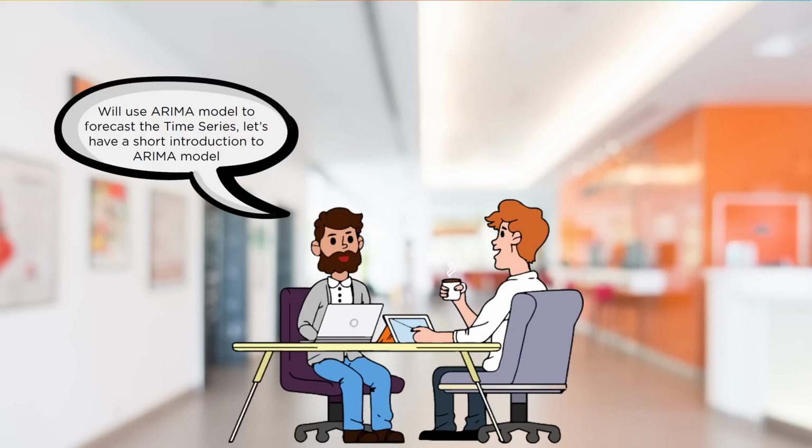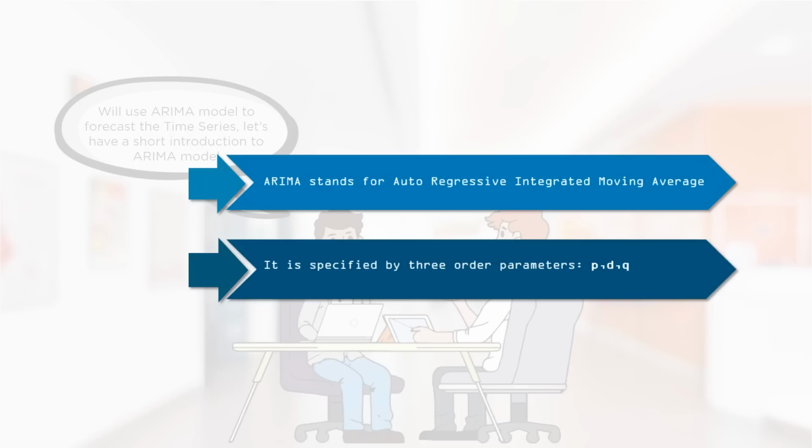First of all, as I mentioned, we will be using the ARIMA model to do the forecast of this time series data. So let us try to understand what is ARIMA model. ARIMA is actually an acronym. It stands for Autoregressive Integrated Moving Average.